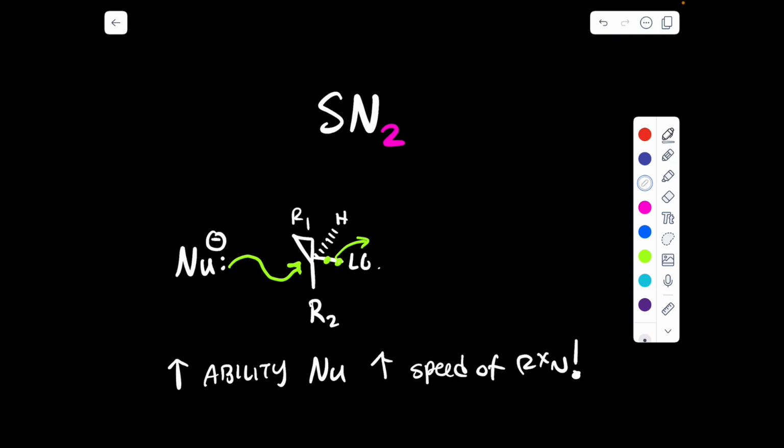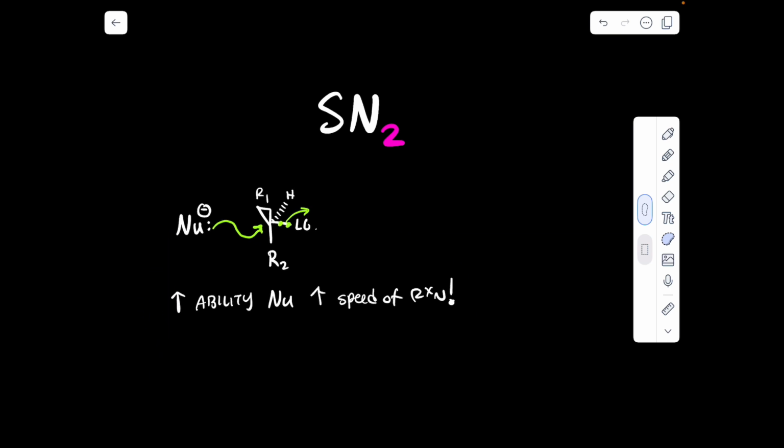Therefore, in an SN2 reaction, strong nucleophiles are going to be the best, because a strong nucleophile is going to be able to come in and better attack that delta plus electrophilic carbon. So let's go over what an excellent Nu is.